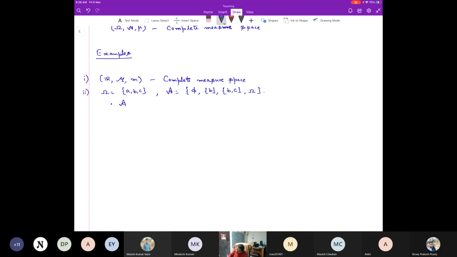You can easily verify that A is a sigma algebra.